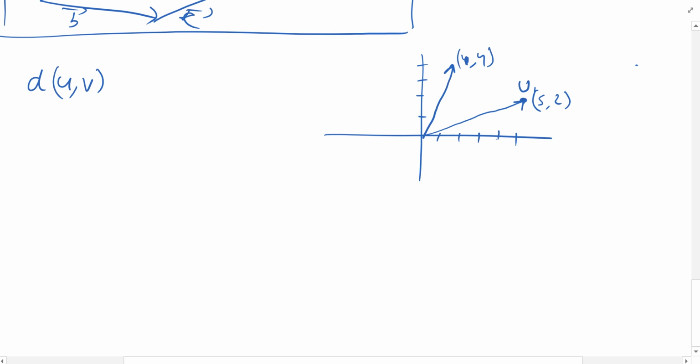This point is u, and this vector is represented by the point. So every point is somehow a vector. Point and vector is the same kind of thing. So that is u, and v is this point. So that is the u vector, and this is the v vector.